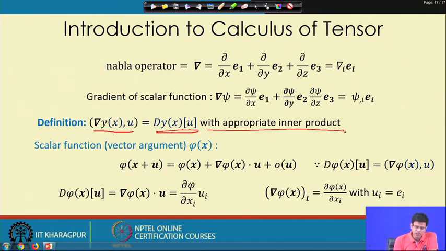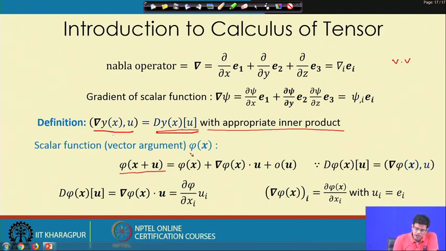So now our objective is to find out a scalar function here. If I write from our previous knowledge of directional derivative, phi of x is a scalar function with a vector argument. For instance, the function we have seen, v dot v, both of these are vectors, but their dot product is a scalar.